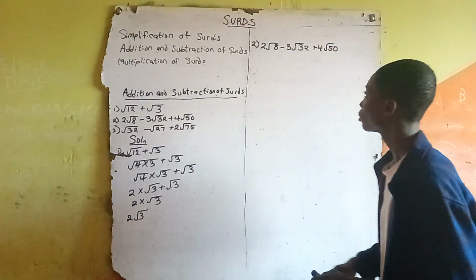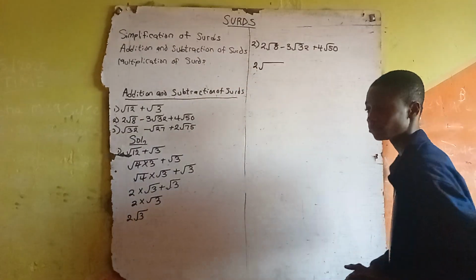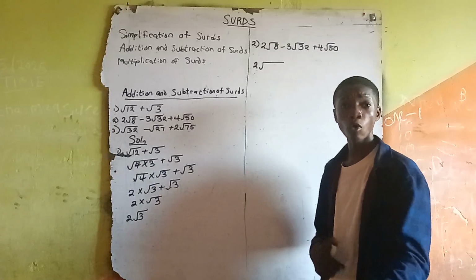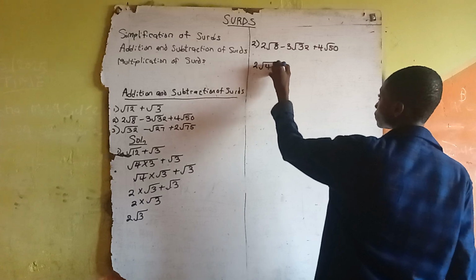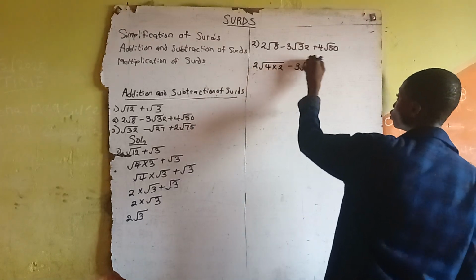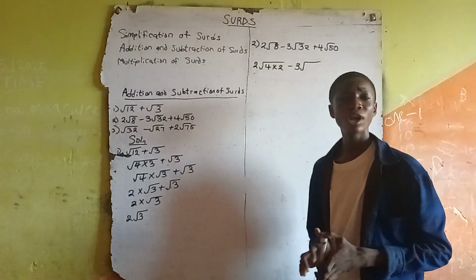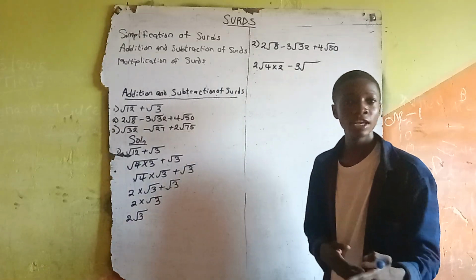So what are we going to use to get 8? 4 times 2. Why? Because you can square root 4 and we cannot square root 2. Minus 3 root, I write this 3. For 32, we can use 16 multiplied by 2, whereby you can square root 16, but you cannot square root 2.